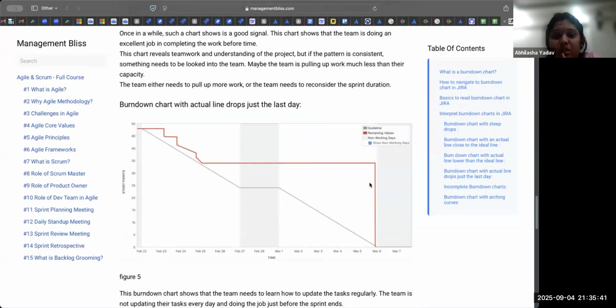Okay, one sec. I'm actually not able to understand this. One second. Okay, this is your chart.